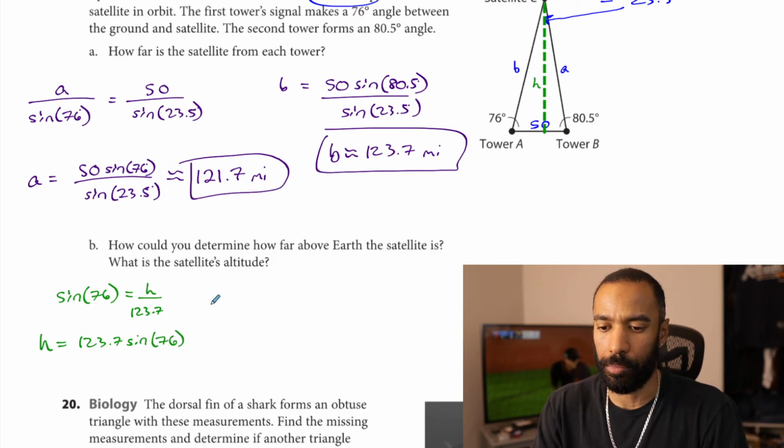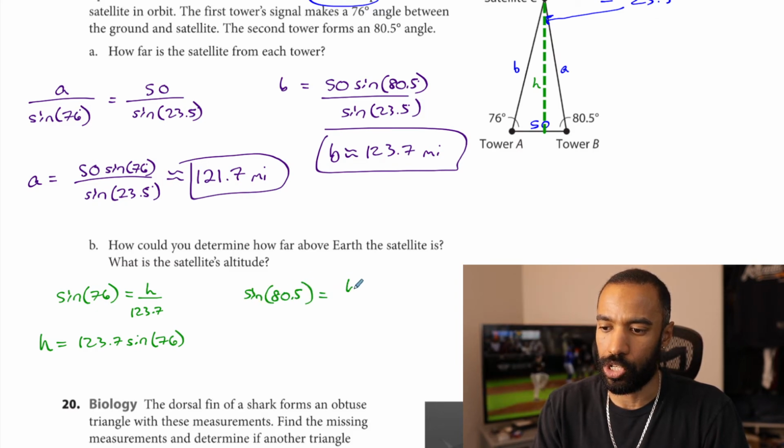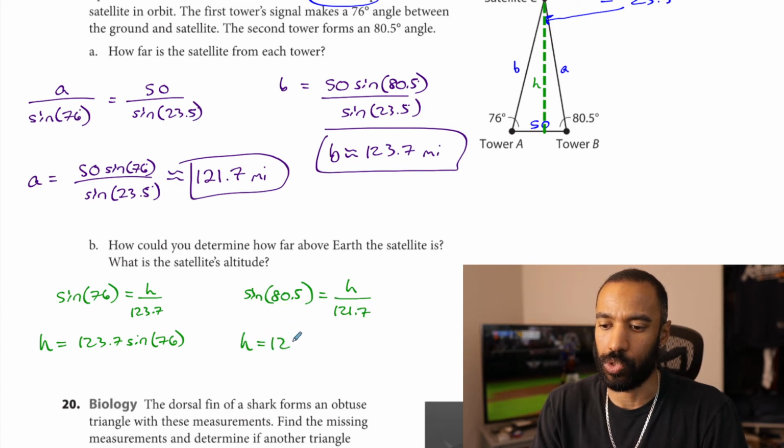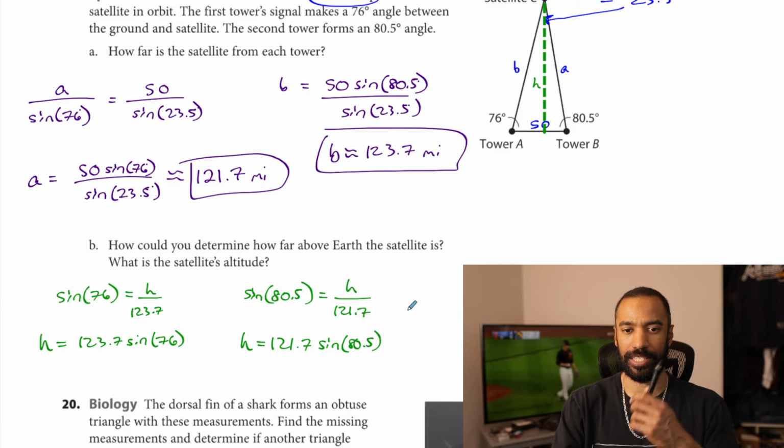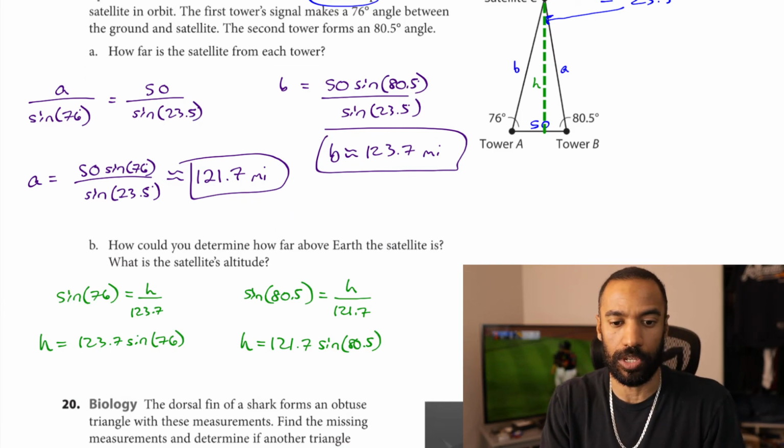Remember, 123.7 is rounded. And over here, we could say sine of 80.5 equals h over a, with a being 121.7, also rounded. So h is 121.7 times the sine of 80.5. Whichever one you do, you should get the same answer out. So I'll show you both here.